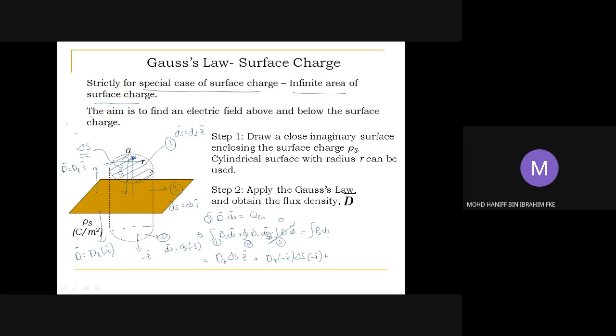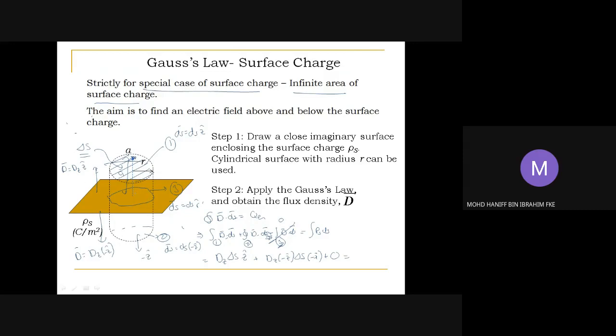So dot product will give us 0. So we have 0 for that third integration, and for the right-hand side, the integration of rho s dS, which is the charge enclosed by the Gaussian surface, we know that the charge density is rho s coulombs per meter squared.